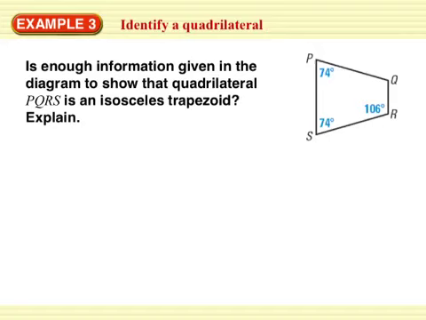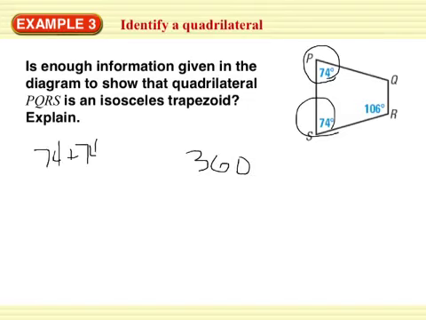All right. Identify a quadrilateral. Is enough information given in the diagram to show that the quadrilateral PQRS is an isosceles trapezoid? Explain. Let's see. I've got these congruent. It's a quadrilateral, so it should add up to 360. I could do 74 plus 74 plus 106 plus x equals 360.